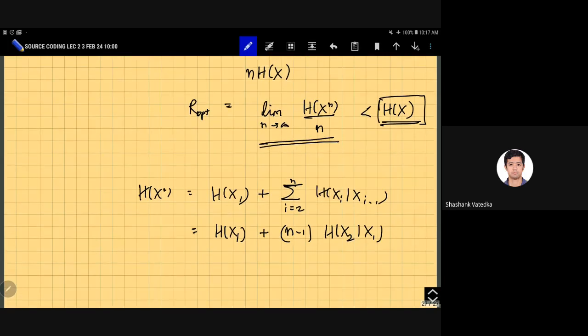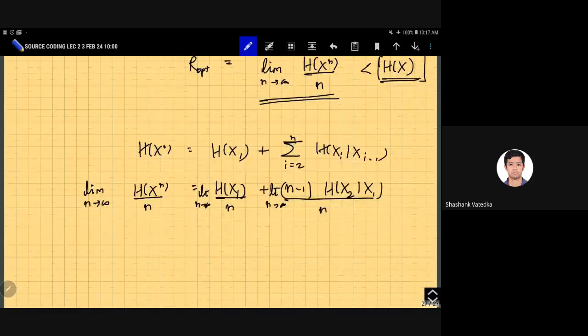So the entropy rate, H(X^n) divided by n in the limit as n tends to infinity, is the limit of H(X1) by n plus n minus 1 by n times H(X2 given X1).